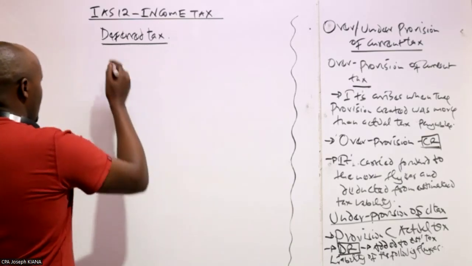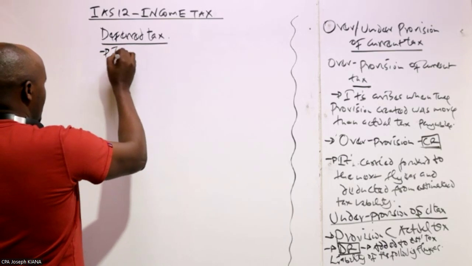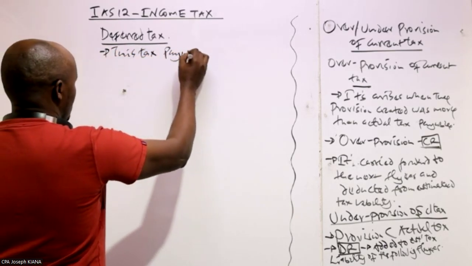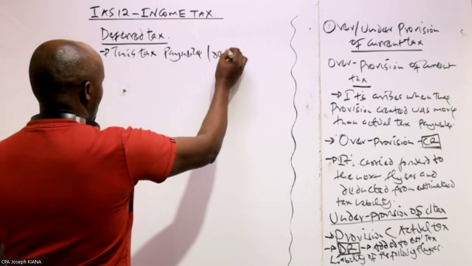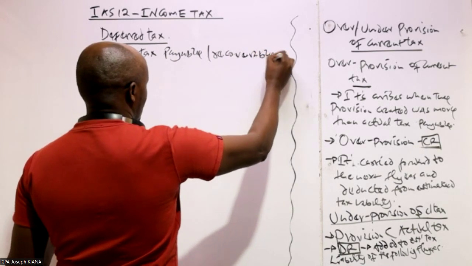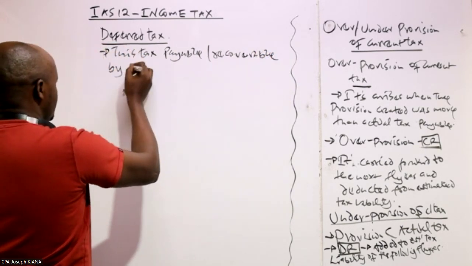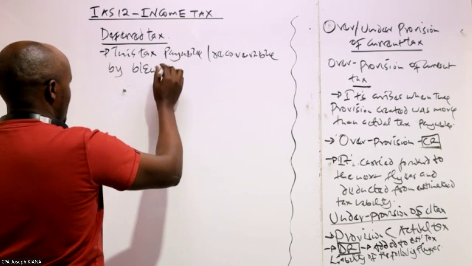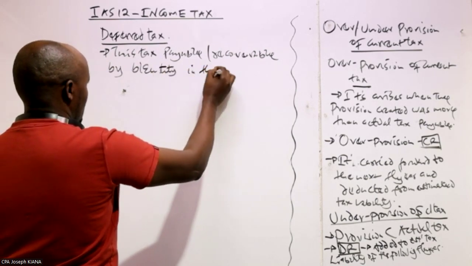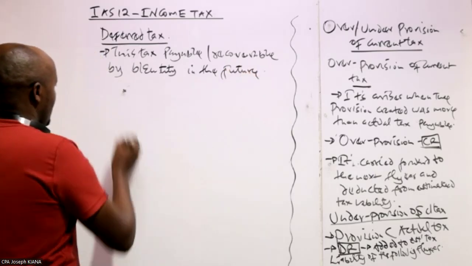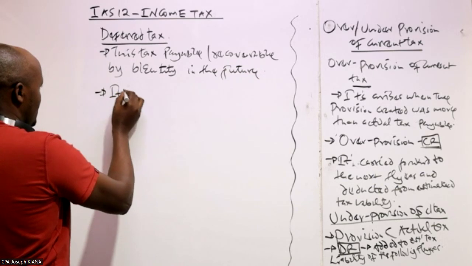So therefore, we can say that this is a tax payable or recoverable by a business entity in the future.